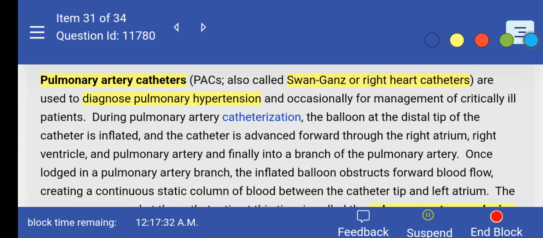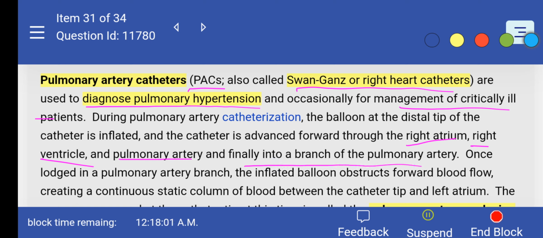So pulmonary artery catheters, that is PACs, also called Swan-Ganz or right heart catheters, are used to diagnose pulmonary hypertension and occasionally for management of critically ill patients. During pulmonary artery catheterization, the balloon at the distal tip of the catheter is inflated and the catheter is advanced forward to the right atrium, then right ventricle, then pulmonary artery, and finally into a branch of the pulmonary artery.